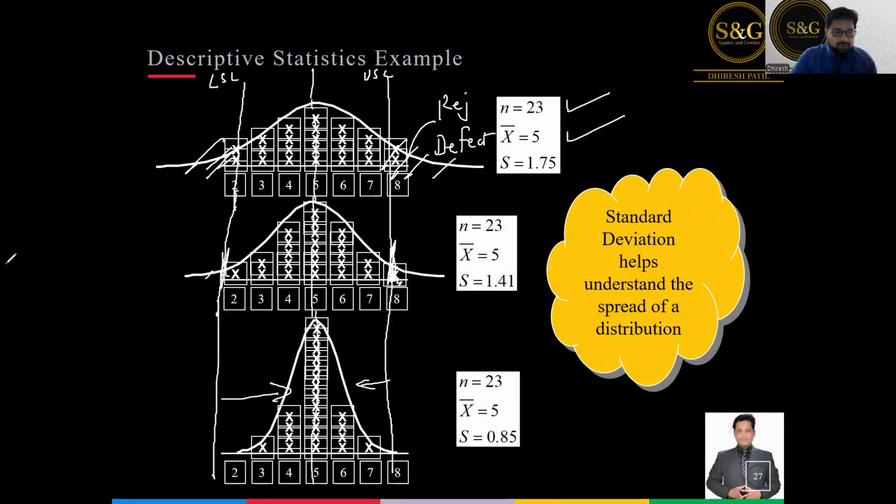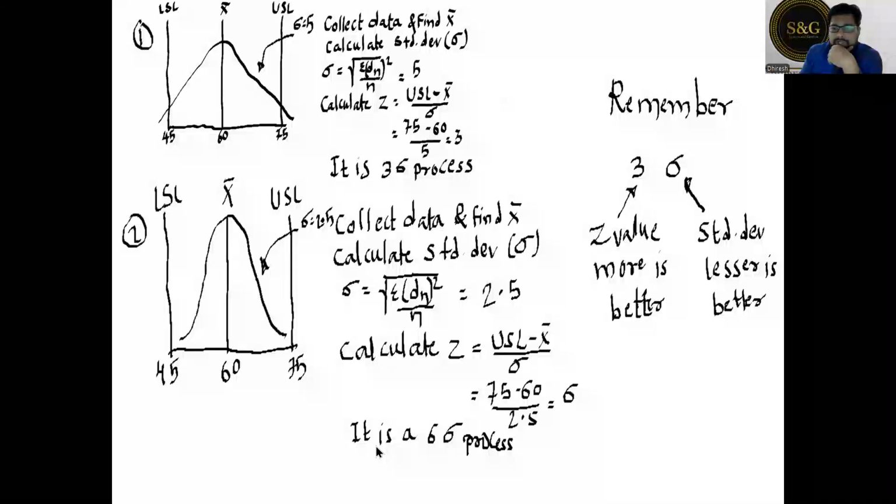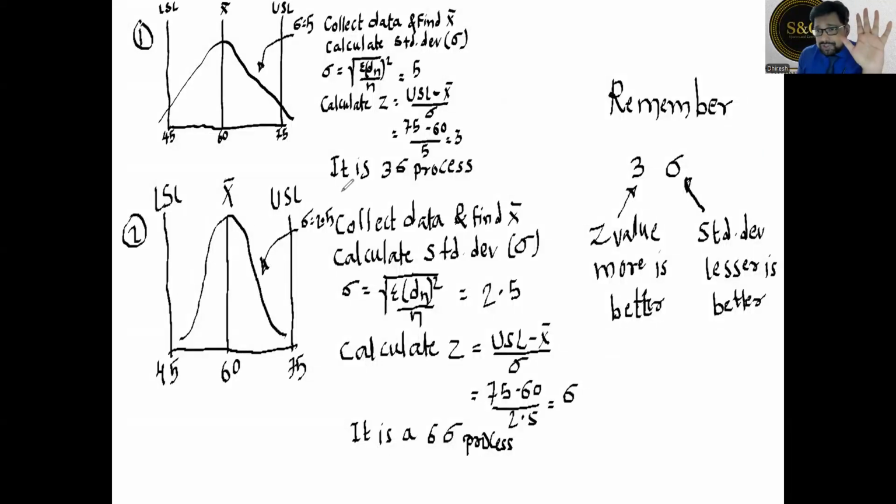Now let's go to the next one. This is very, very important. Look at this. So till now everything is clear, I suppose. Now in the first graph, let's say this is the first scenario where the LSL, the lower specification limit, is 45, the target is 60, and the upper specification limit is 75.